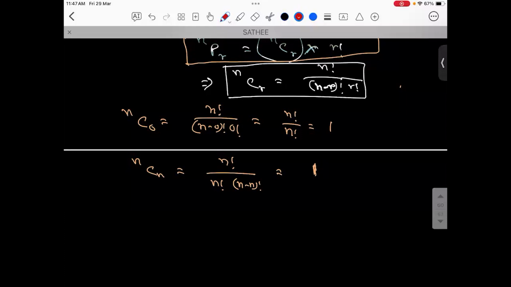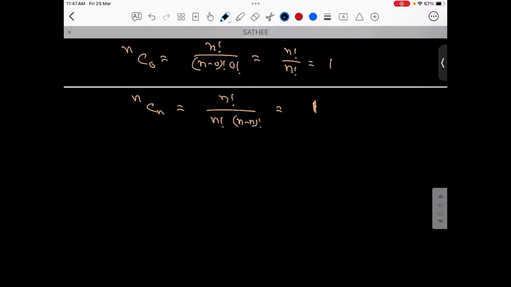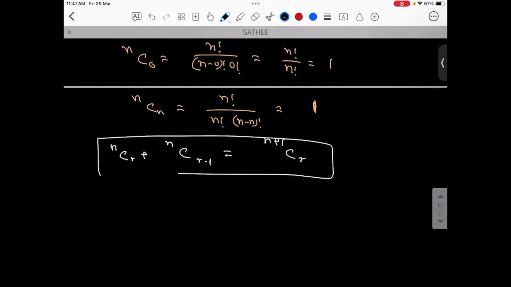Okay. Now let's end today's lecture with the last formulation, that is nCr plus nC(r minus 1) equals (n plus 1)Cr. We will derive this formula and we will end today's lecture.